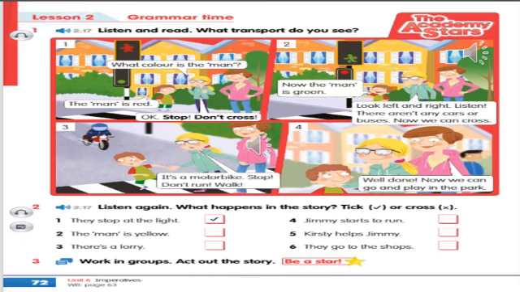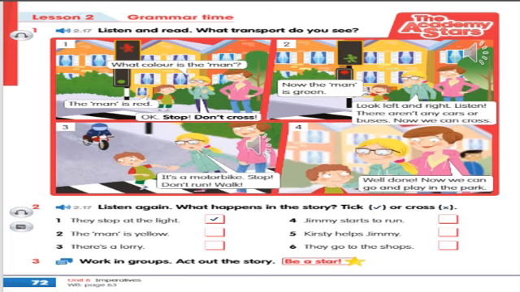Number 1, they stop at the light. Is it tick or cross? They stop at the light. So when we are in the street, we want to cross the street, we have to look at the traffic light.